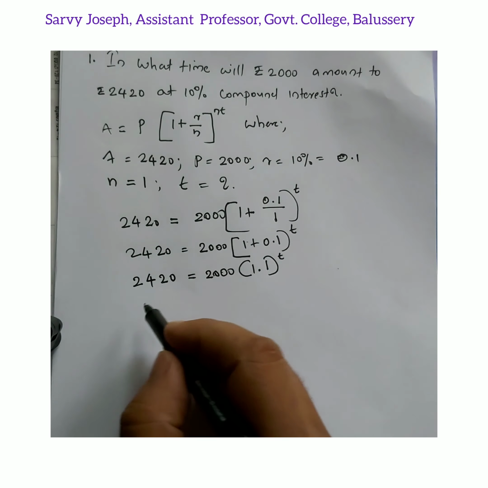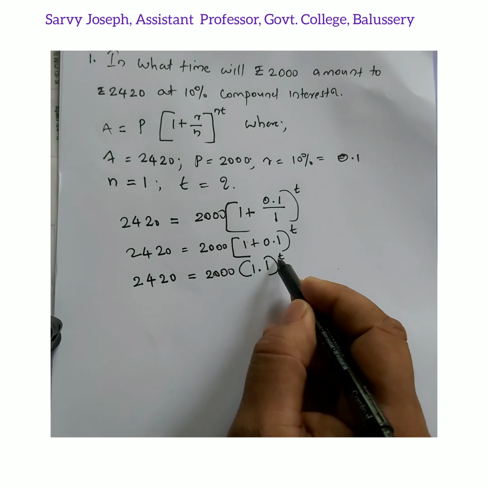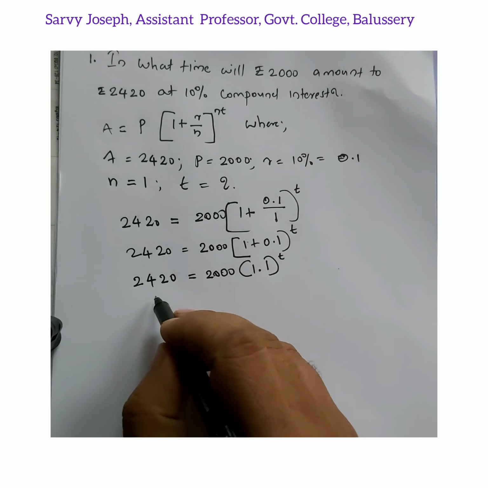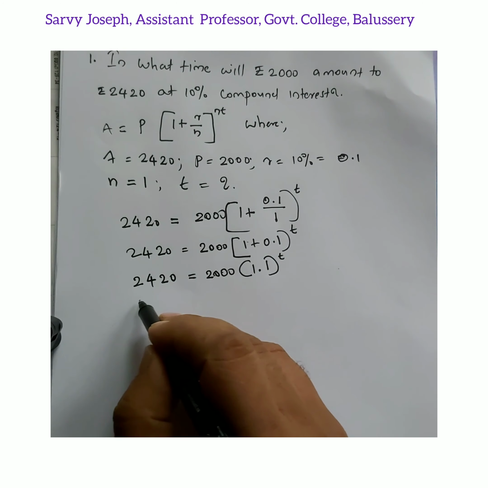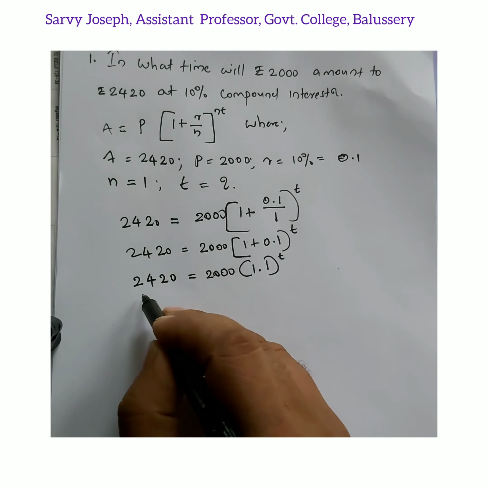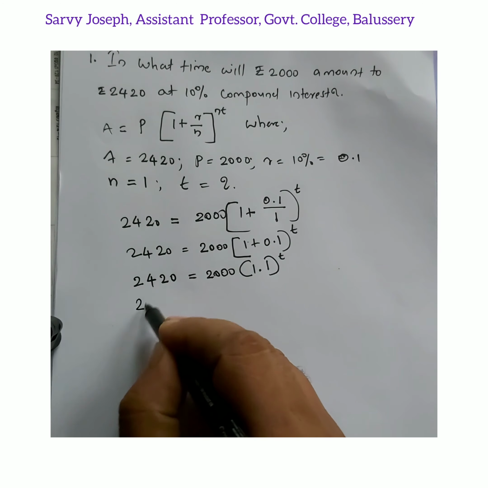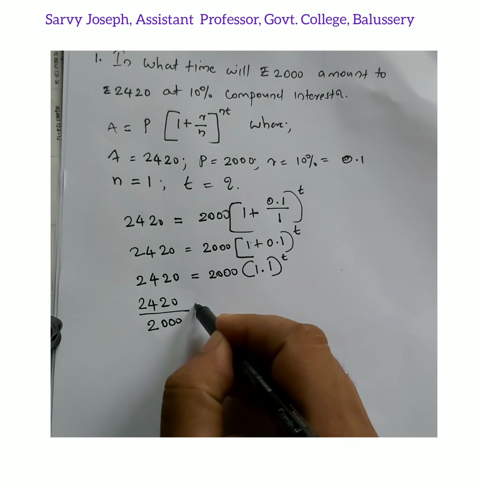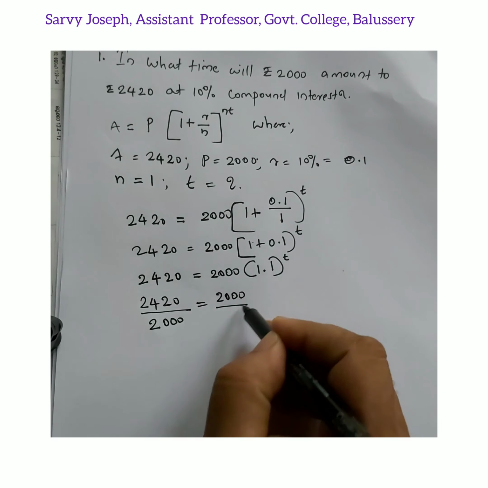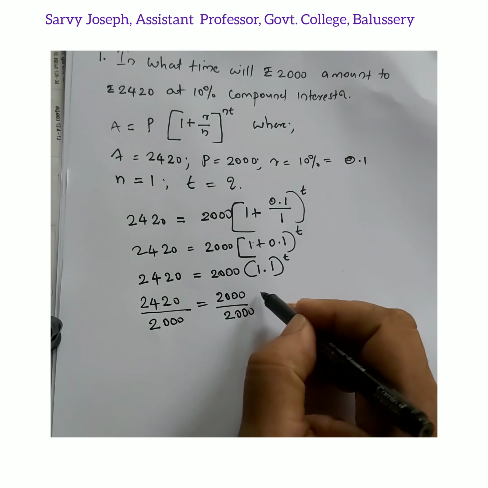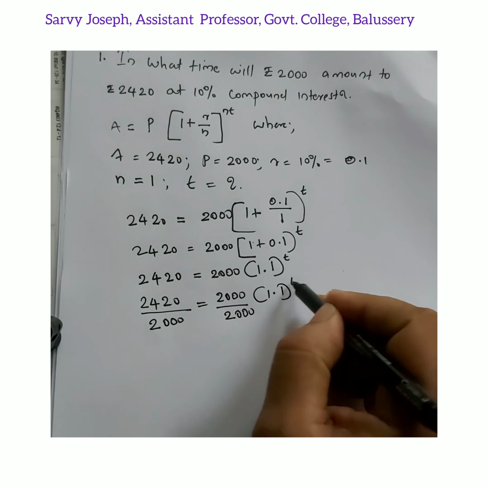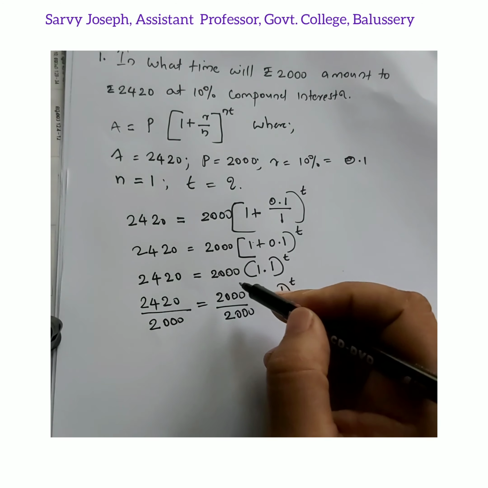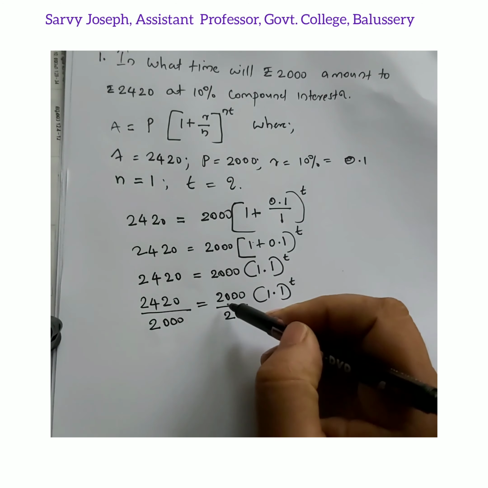Then in order to simplify this equation, here there is an exponent or power, but we can divide this whole equation by 2000. 2420 divided by 2000 is equal to 2000 divided by 2000 into 1.1 raised to T. We are trying to eliminate this 2000 from here, so we are dividing the entire equation by 2000.